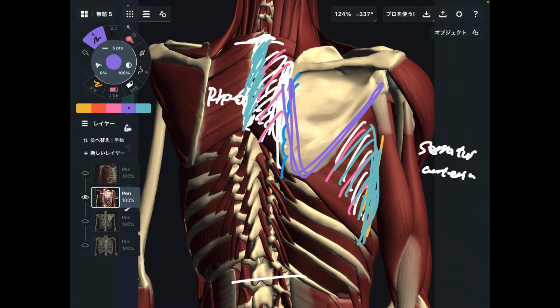Tightness of the serratus anterior may inhibit breathing. Does it make sense? These muscles inhibit movement of the scapula, and they also affect movement of the thorax. This is a very important relationship. If the scapula doesn't move, the thoracic spine doesn't move and the ribcage doesn't move.